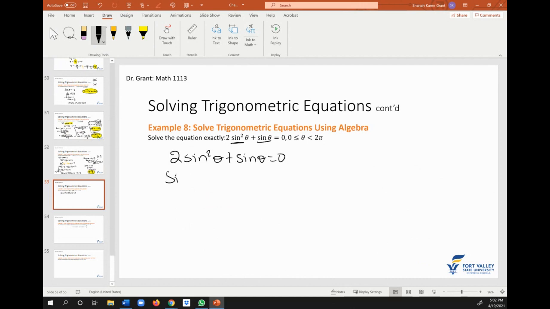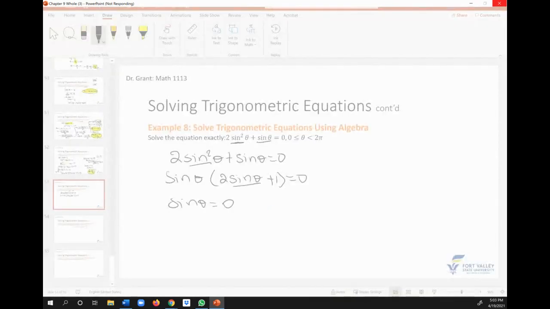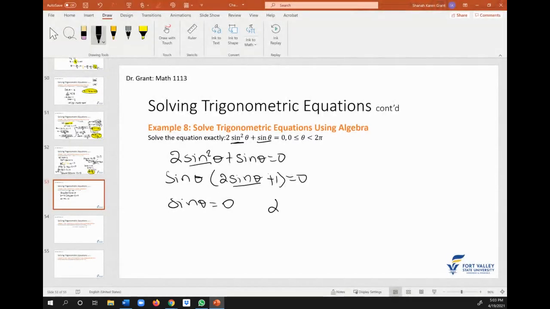Since sine is common to both terms, we can just pull it out. If I pull out a sine, I'm left with 2 sine theta plus 1. So what this means is either sine theta equals 0 or 2 sine theta plus 1 equals 0.